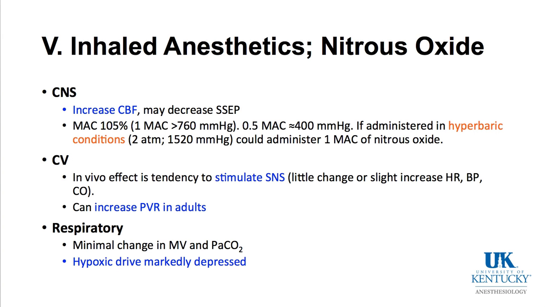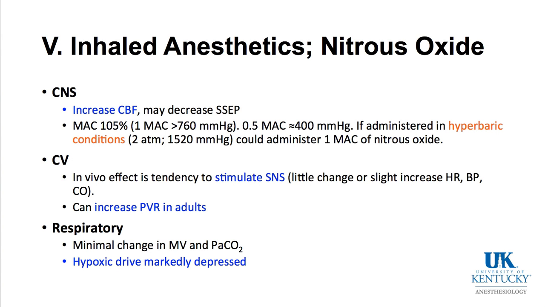The MAC of nitrous oxide is over 100%, which means that we cannot provide even 1 MAC of anesthesia of nitrous oxide unless we were under hyperbaric conditions. 1 MAC would be approximately 760 millimeters of mercury expressed as a partial pressure. And the only way that we could do that is if we raised the total pressure of the system, and we could do that in a hyperbaric chamber only.